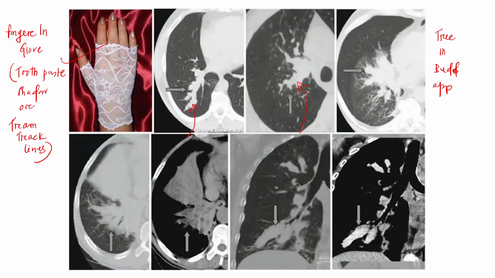Coming to the criteria for ABPA. The first component is predisposing factor. The second component is obligatory criteria. The third component is other criteria.